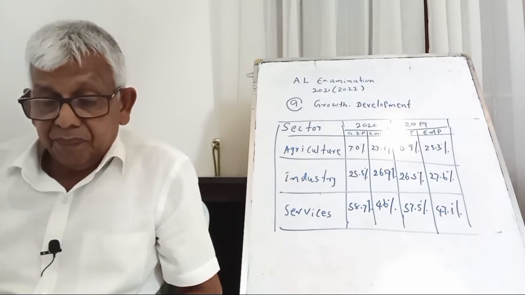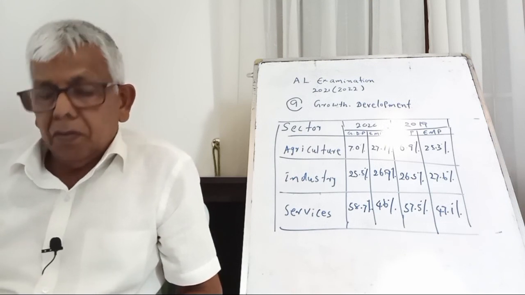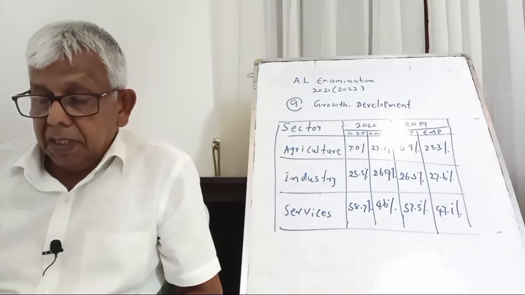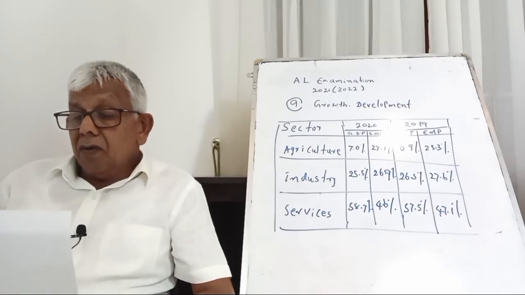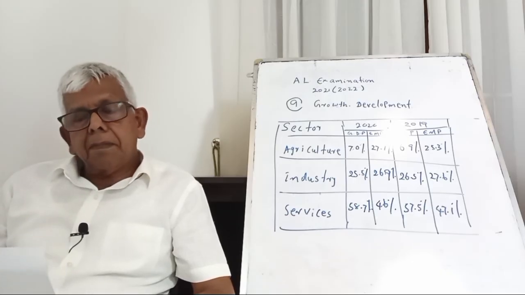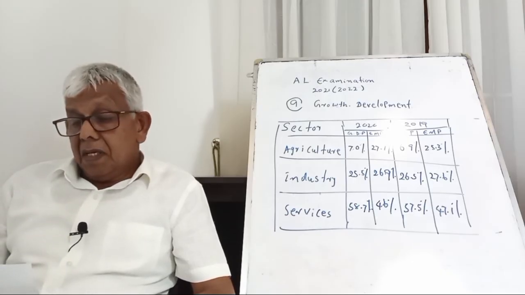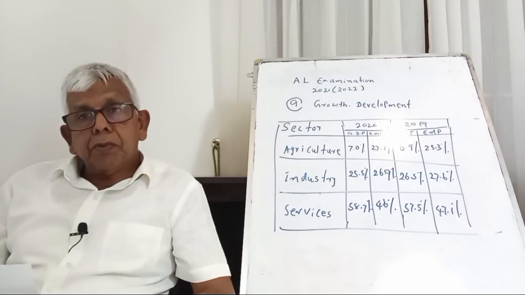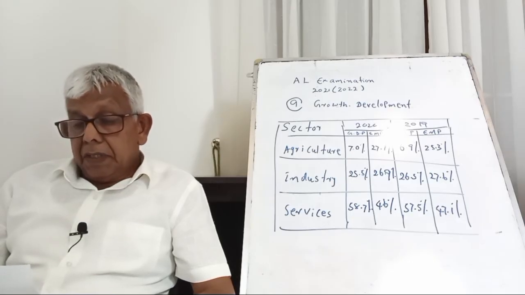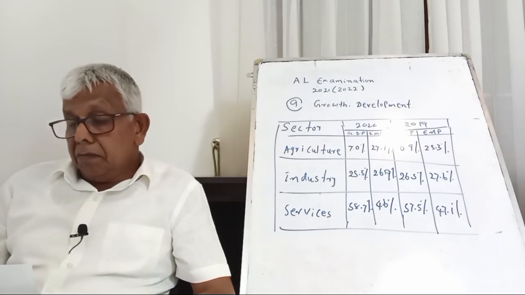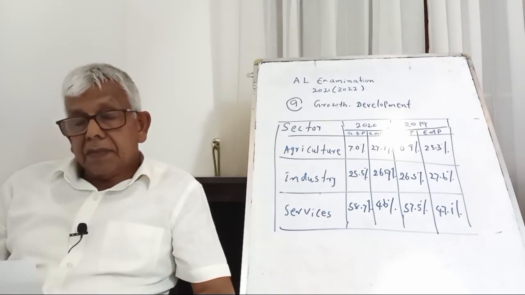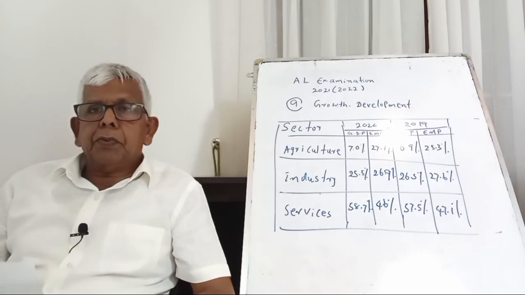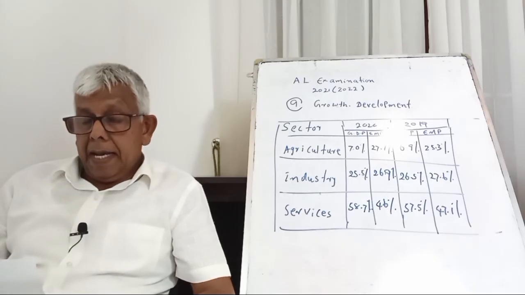Answer. Economic growth can be defined as an expansion of the productive capacity, potential output of the economy over time, bringing about the same level of national output and income.